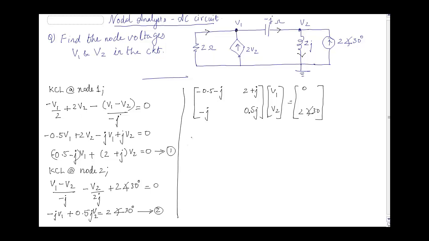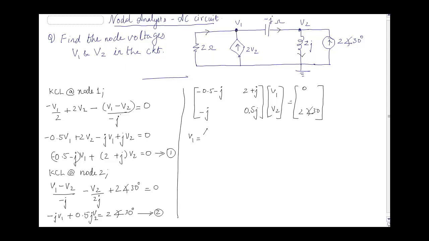So from this I can find out V1 by finding out what is delta 1 divided by delta, where we all know delta 1 is basically the determinant of the first column replaced by this column, the first column. So it gets multiplied like this is V1 and this is V2.